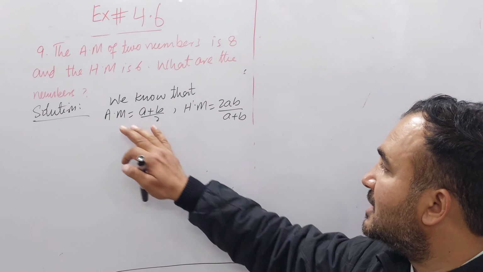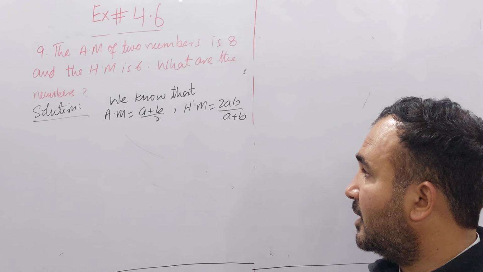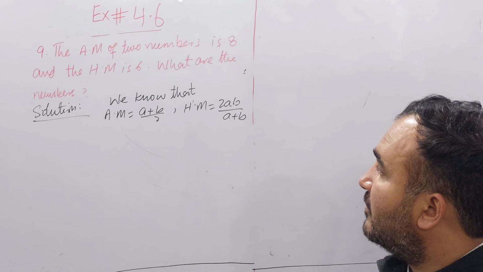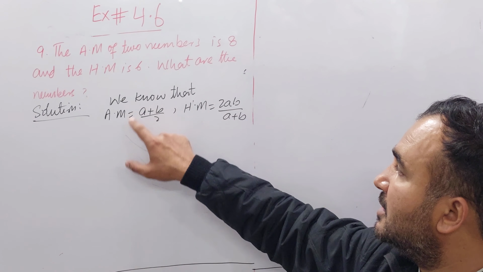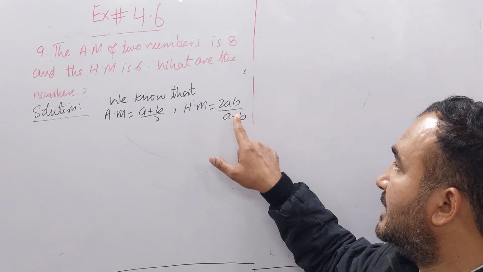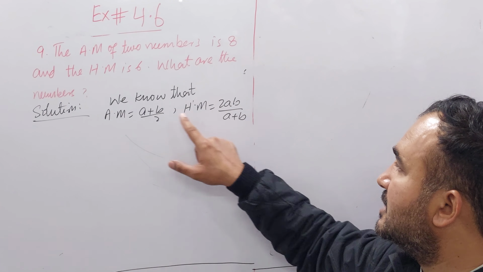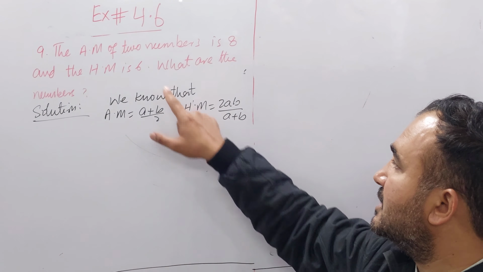We know the formulas: arithmetic mean is a plus b by 2 and harmonic mean is 2ab divided by a plus b. So we are going to put the values, 8 for arithmetic mean and 6 for harmonic mean, and using this information we are going to find the values of a and b.